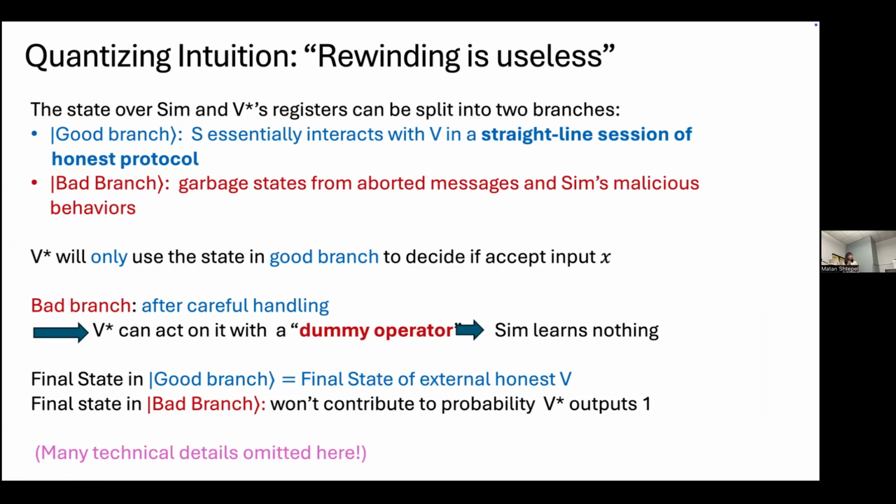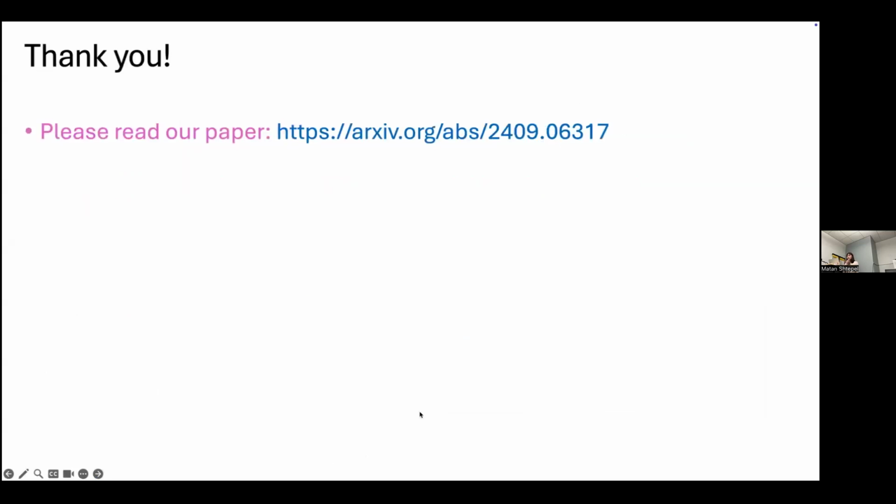And that is the quantized version of the intuition that rewinding is useless, because all kinds of malicious rewinding are going to be pushed into this bad branch where V star would not act. And the good branch will be exactly the same as what some honest verifier would generate when interacting with a prover. Okay, so that's the end of this talk.